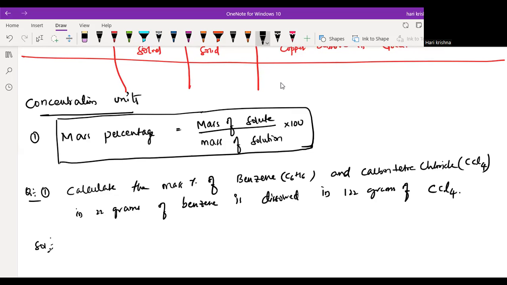Now what is the answer? Anybody got the answer?